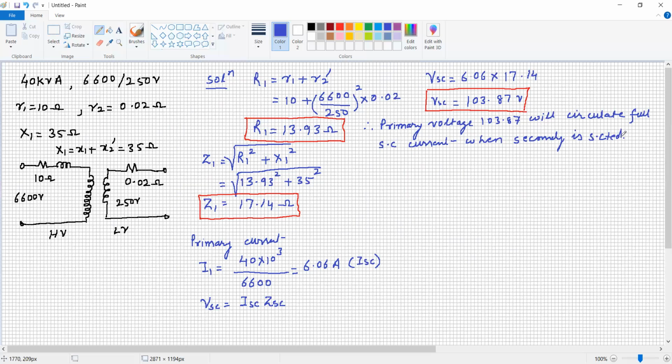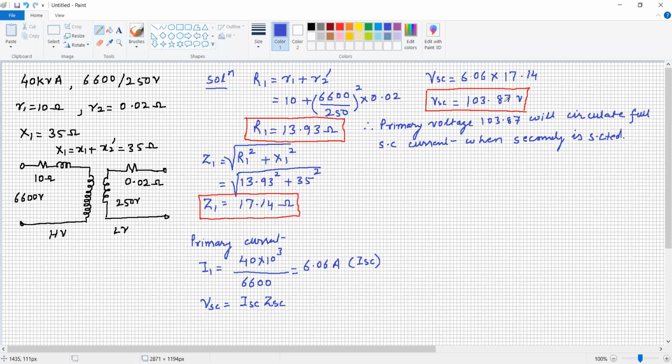Or you can say that under the short circuit test, when the secondary is short circuited, 103 volt is sufficient to circulate the full load current in the primary and secondary winding. So there is a way to say it like that.